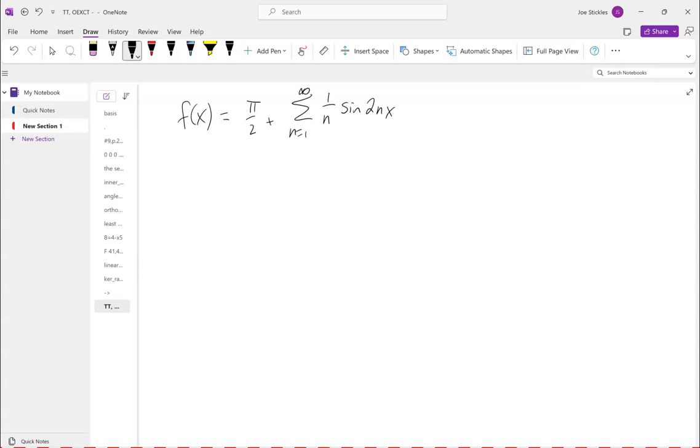Okay. So, in particular, let's say we were trying to get a value out of this. What are we trying to do here? If I put in pi over 2, right?